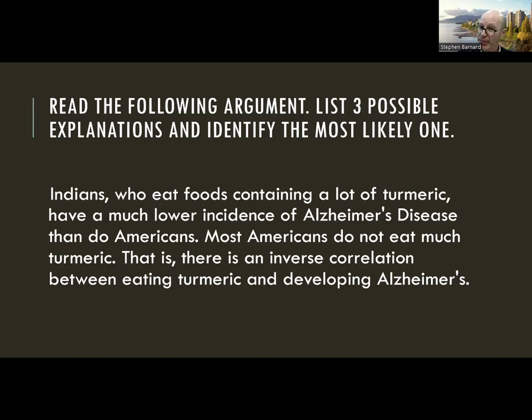Perhaps A causes B, or maybe it's the opposite. Maybe it's B causes A, or maybe it's C, another factor that is causing both A and B. Or maybe A is just one of several factors which combine in order to create C, or to create B. Or perhaps these two things, although they're correlated, are simply a coincidence.